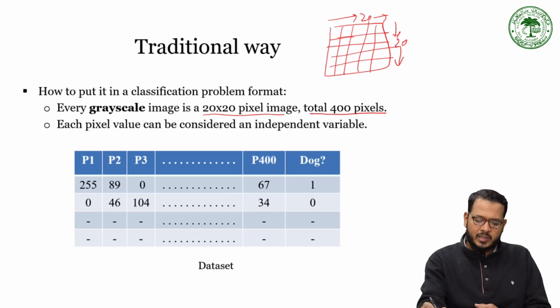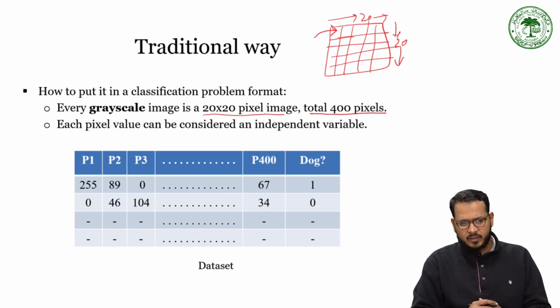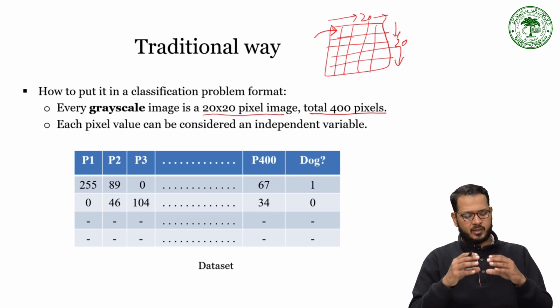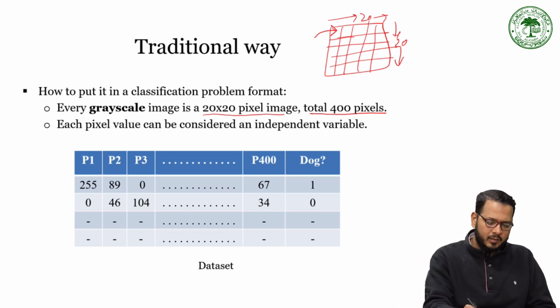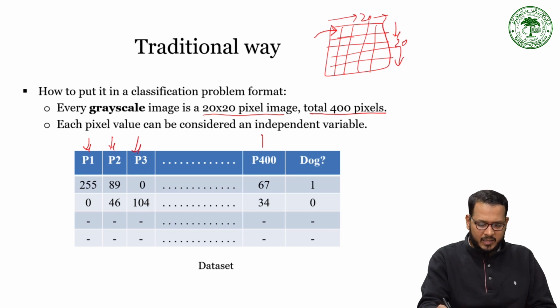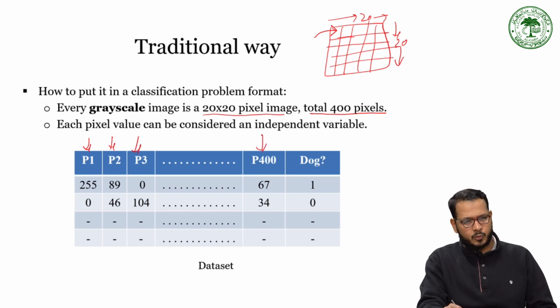Now, if we consider each pixel as a separate independent variable, and we lay this image out as a whole vector, then we will have this many independent variables, a total of 400. Once again, why?